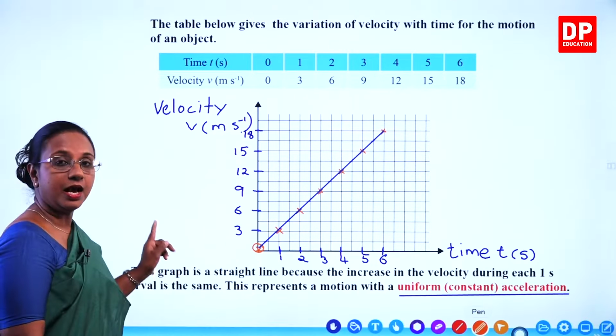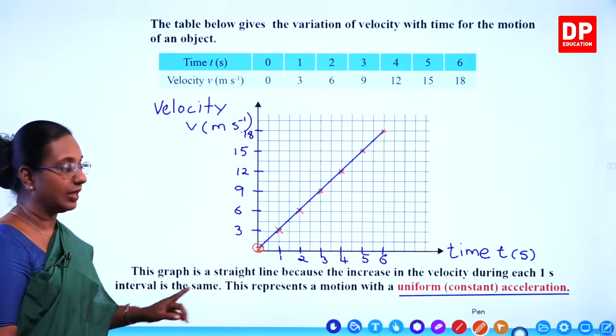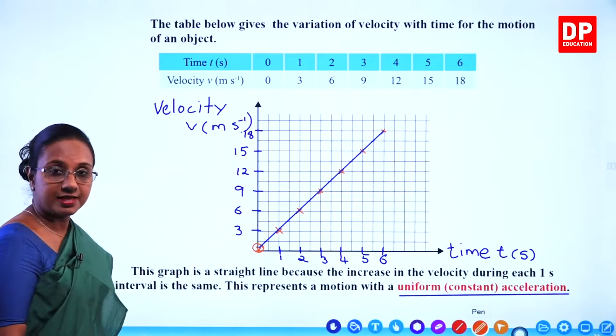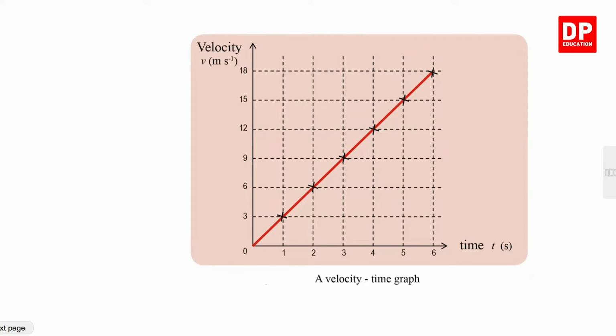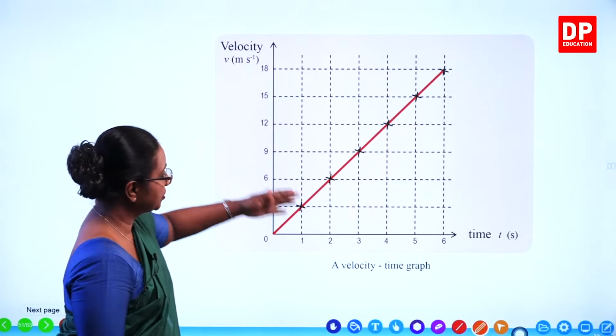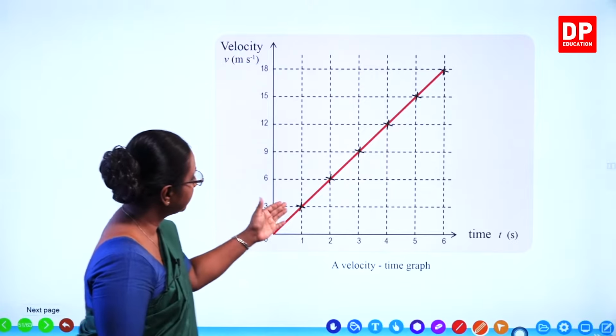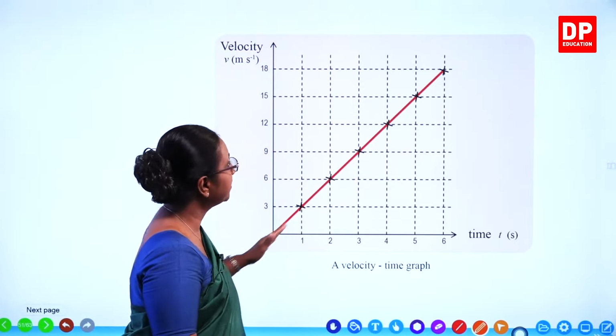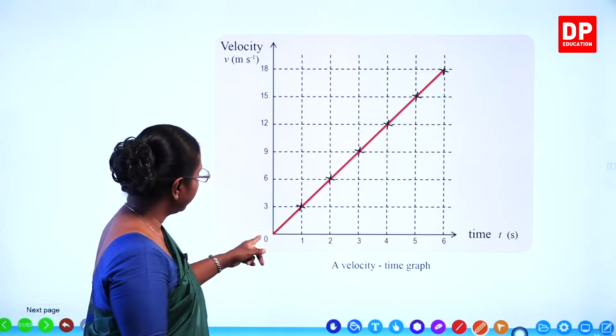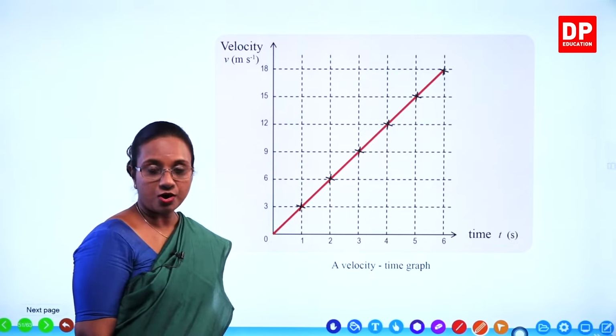We will see how we will be calculating this acceleration. Here again, you can see the same velocity time graph that we drew before, with the coordinates marked and the straight line going through the point of origin.